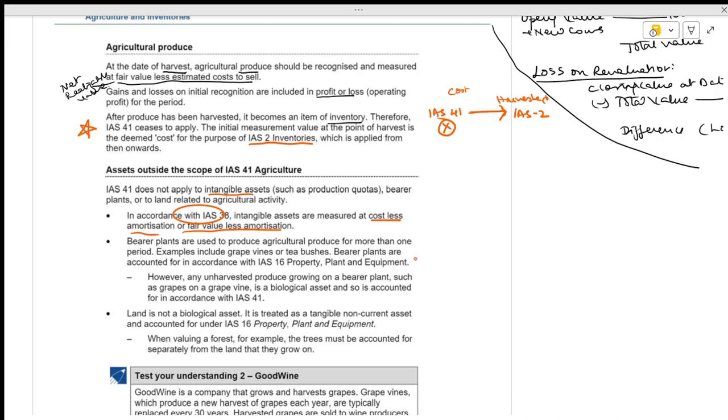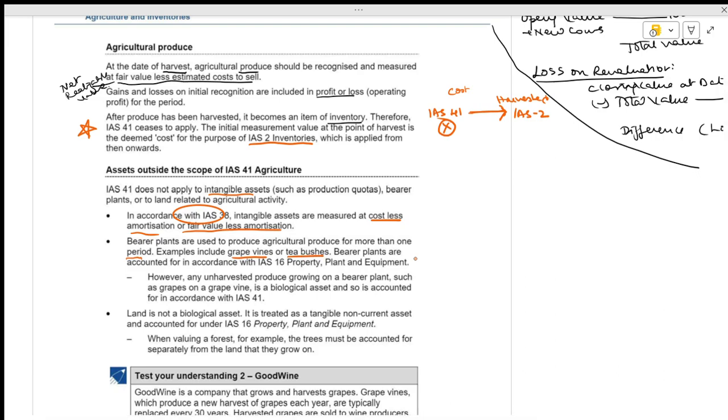Fine. Now, it says that IAS 41 does not apply to intangible assets, bearer plants, or land related to agriculture activity. Bearer plants are used to produce for more than one period. What are the bearer plants? Examples: grapevines, tea bushes, dates.